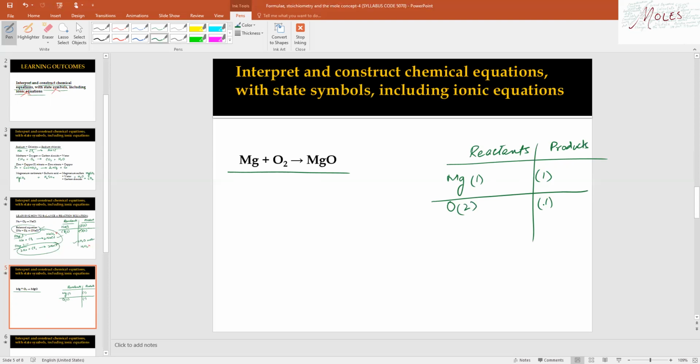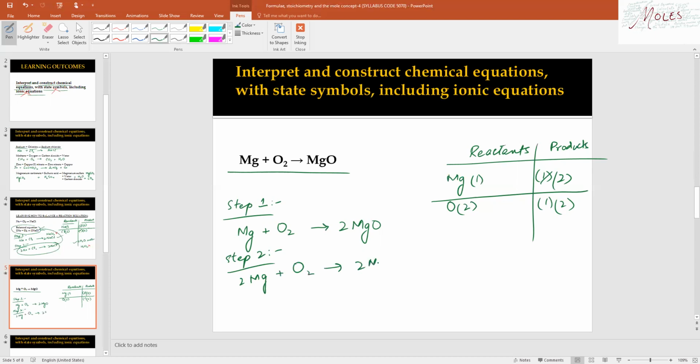So we will place 2 before MgO, step number 1. But now magnesium becomes unbalanced. So what we will do in step 2, we will place 2 before Mg in order to balance magnesium. This one is balanced now.